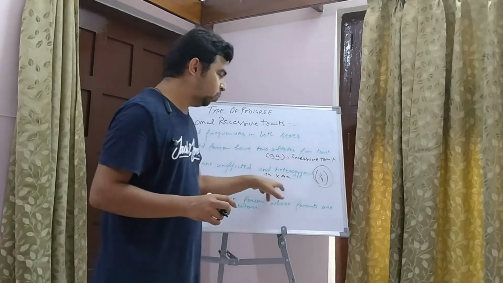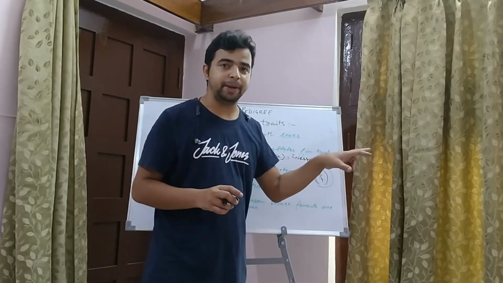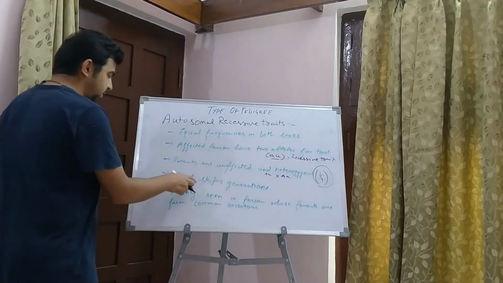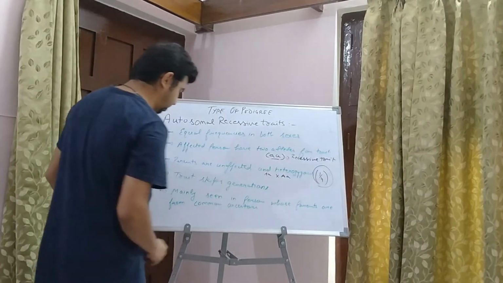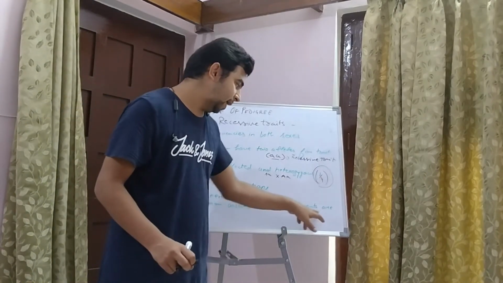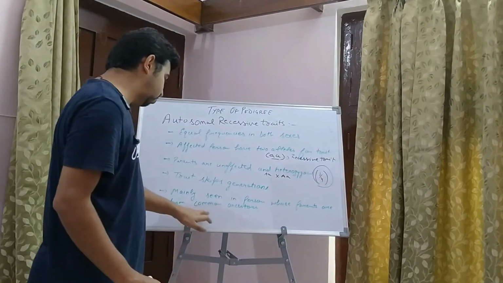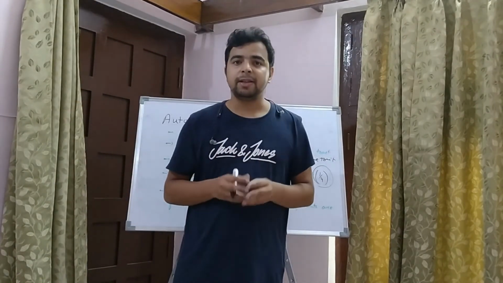So when the two recessive traits meet, only then will the character appear. So this point mentions that parents are unaffected and traits skip generations. And the last point we discussed is that it may be seen in persons whose parents are from a common ancestor, and the term we call that is consanguineous mating.